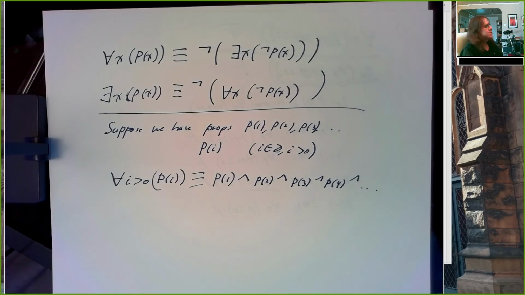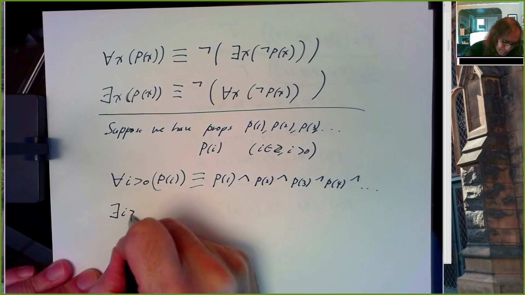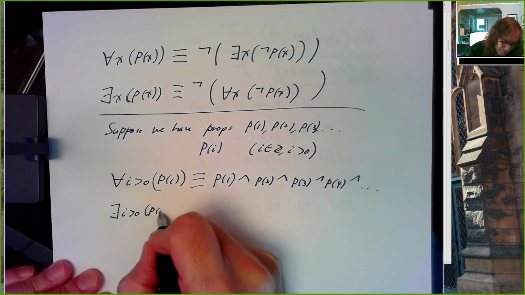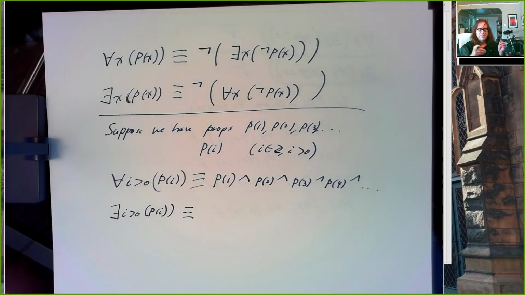On the other hand, what is this equivalent to in the same kind of spirit as the previous line? What could we find as an equivalent expression for there exists an I such that P of I?